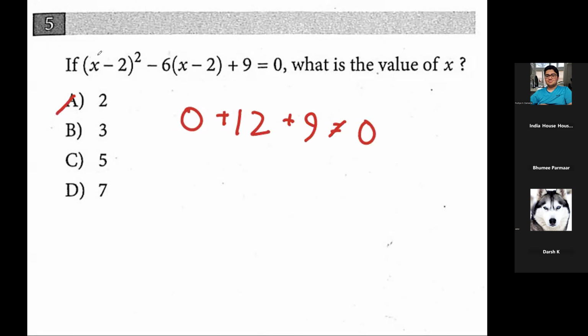If we plug in 3, we get 3 minus 2, which is 1 squared, which is just 1, minus 6 times x minus 2. Well, we have 3 minus 2, which is 1, so minus 1 times 6 is negative 6.